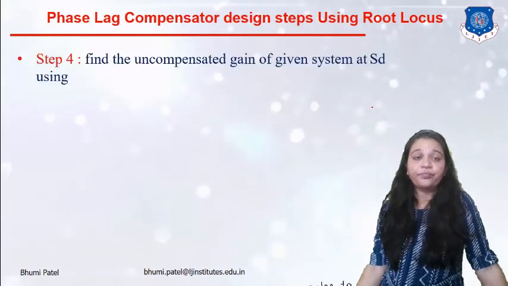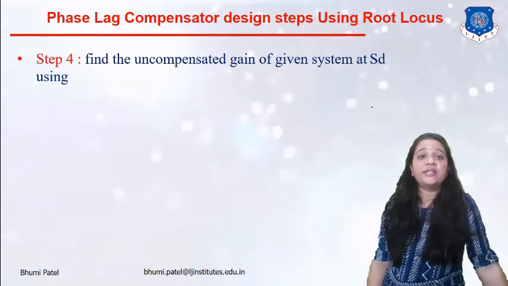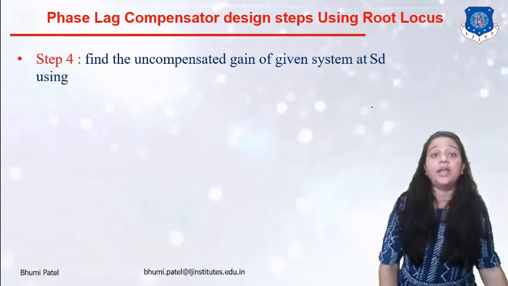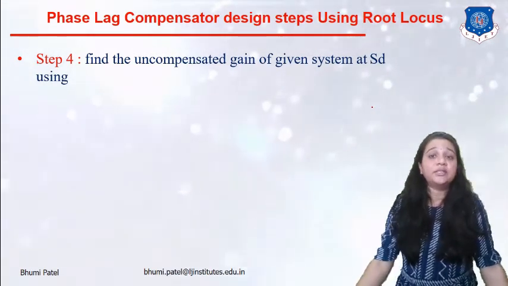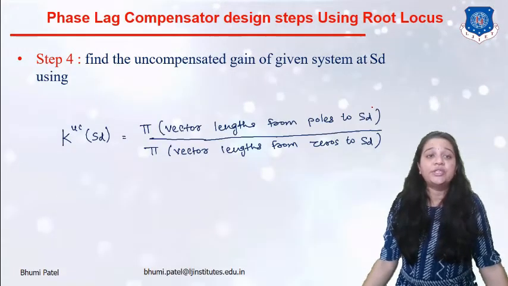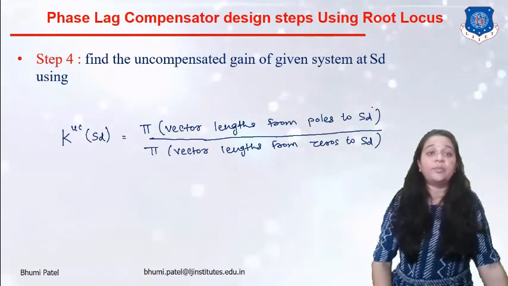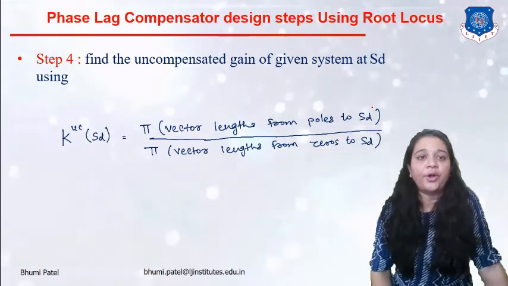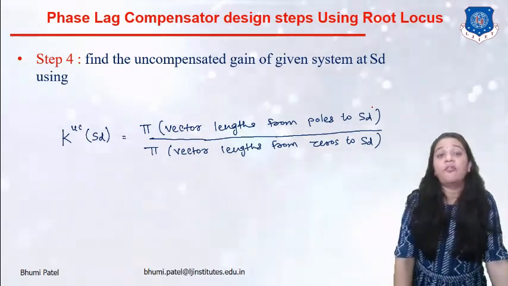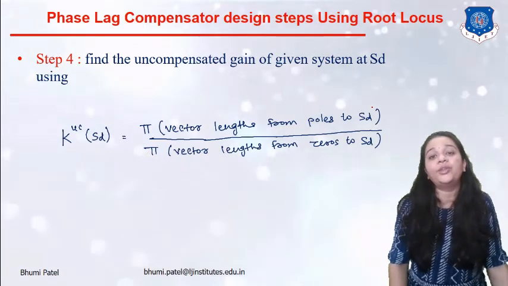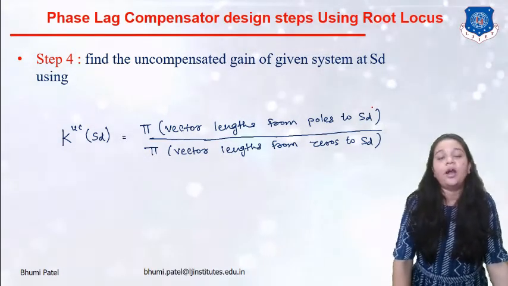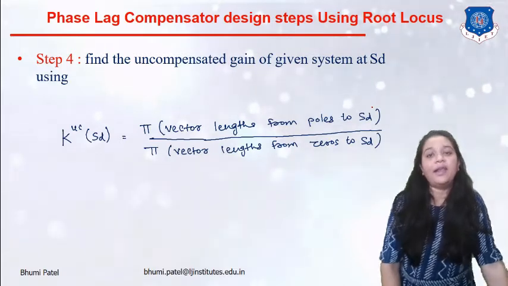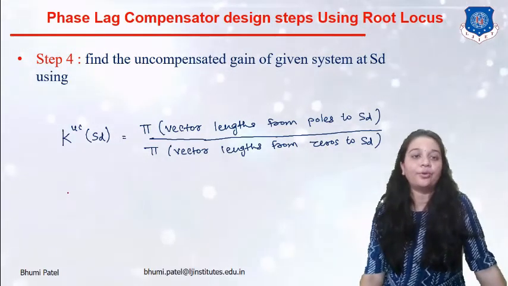Step number 4: find the uncompensated gain of the given system at sd using Kuc, that means uncompensated K, at the sd point. It is equal to the product of the vector lengths from the poles to sd, upon the product of the vector lengths from the zeros to sd.